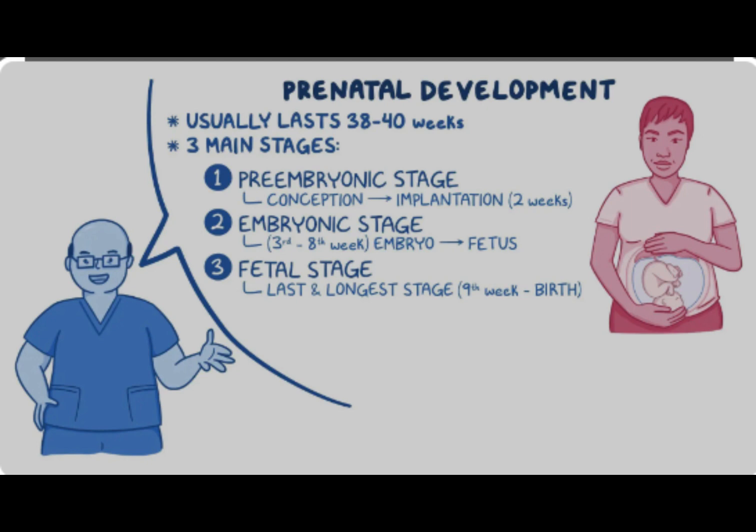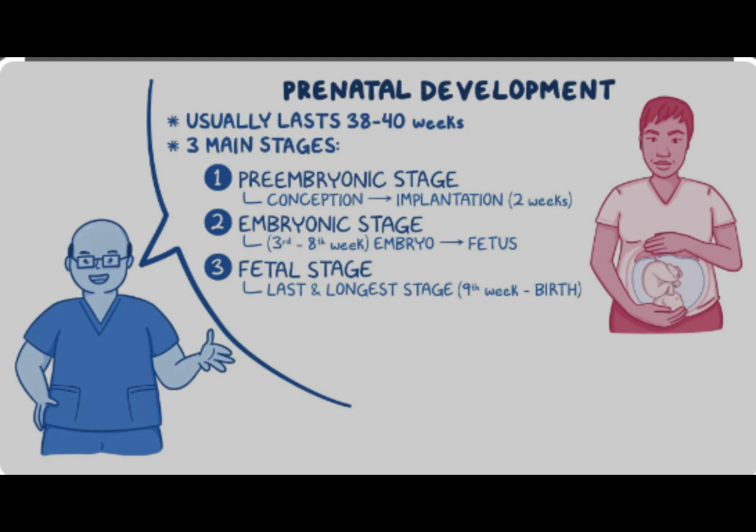If implantation is successful, your body immediately begins producing hormones to support a pregnancy. This also stops your menstrual period. This is the germinal stage.